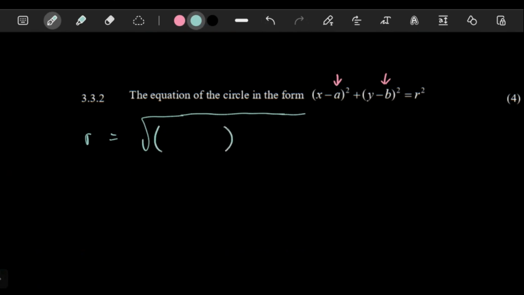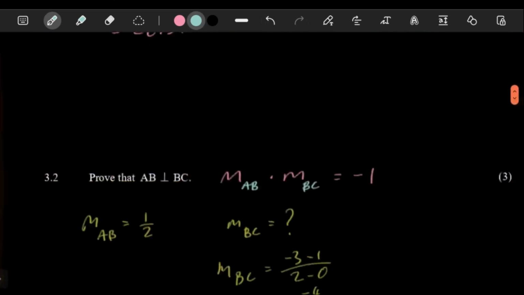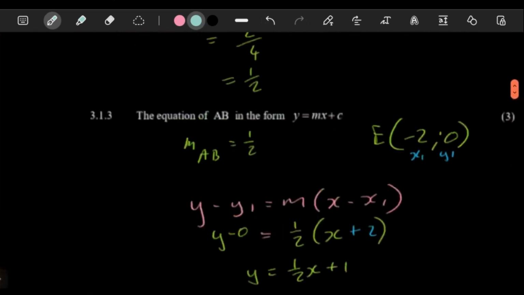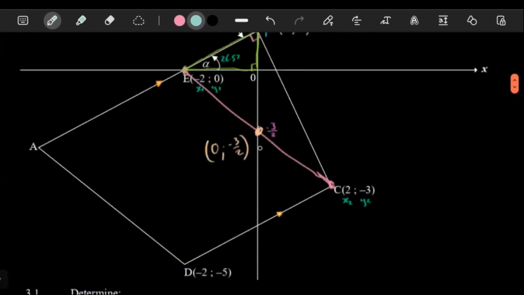So you're going to have two numbers here squared, plus two numbers there squared also. The two coordinates we're using are basically E and this middle.